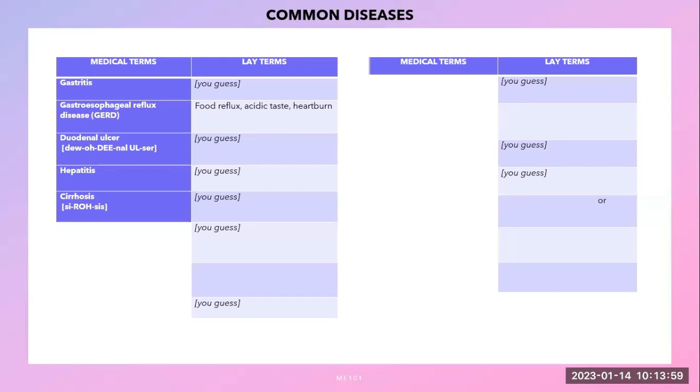Okay. Yes, thank you. All right. So you can guess a little bit. Okay. What does that mean? Cholecystitis. Cholecystitis means gallbladder. Itis means inflammation. So cholecystitis means inflammation of the gallbladder.